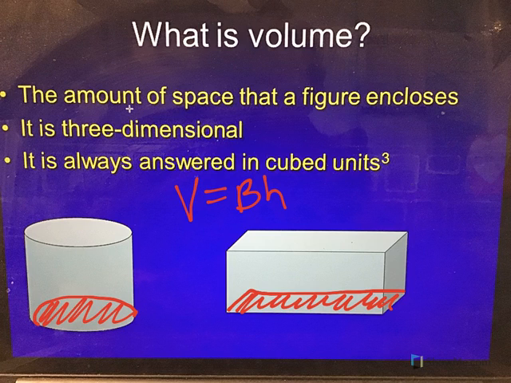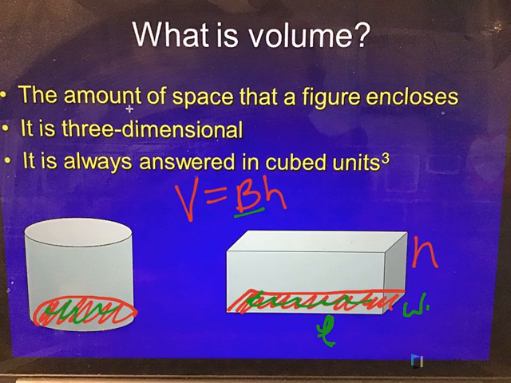But this one, we have our H right here. We'll go to a different color, but then we have the width and the length, a cursive L. To find the capital B, we find the area of the bottom shape, so it's length times width, and then we also multiply it by height. For the cylinder, the volume is still the same formula, but the capital B is the area of the bottom shape.